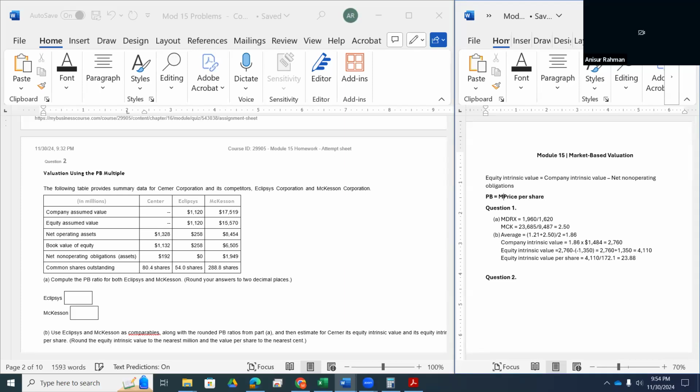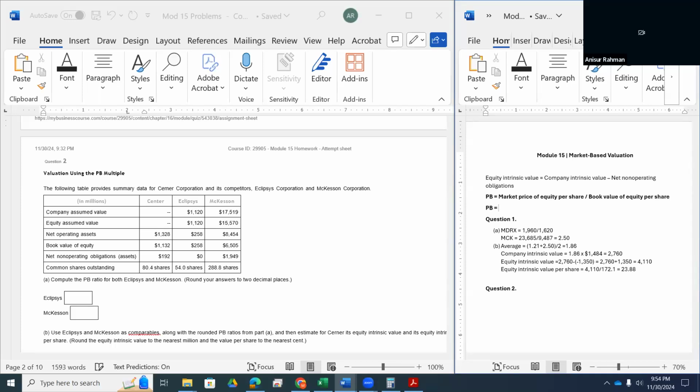So in other words, market price of equity per share divided by book value of equity per share, or directly market value of equity divided by book value of equity. If we don't have the per share value, we can use the total market value of equity and total book value of equity.